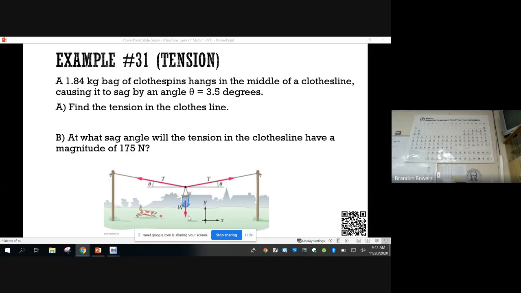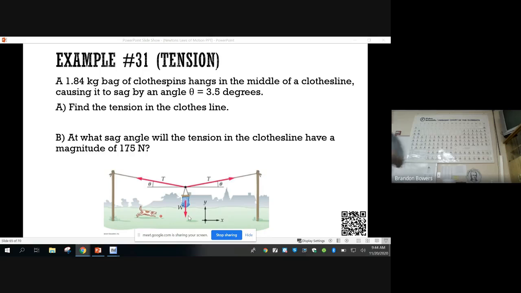So the sine of 3.5 is equal to the opposite over my hypotenuse. What was it? 147.68. 147 newtons.